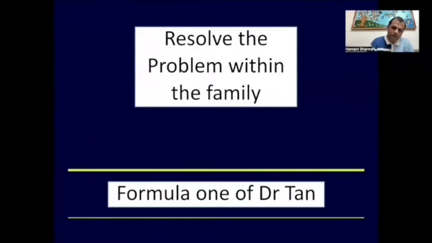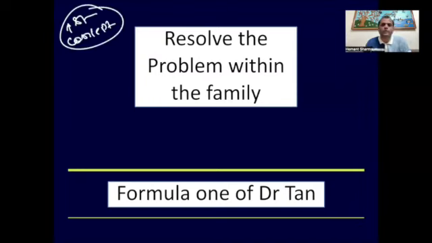So as per the rule, Dr. Tan's first concept: when you are in trouble, first try to resolve the matter in your own family. Don't take the support of anyone else, right?